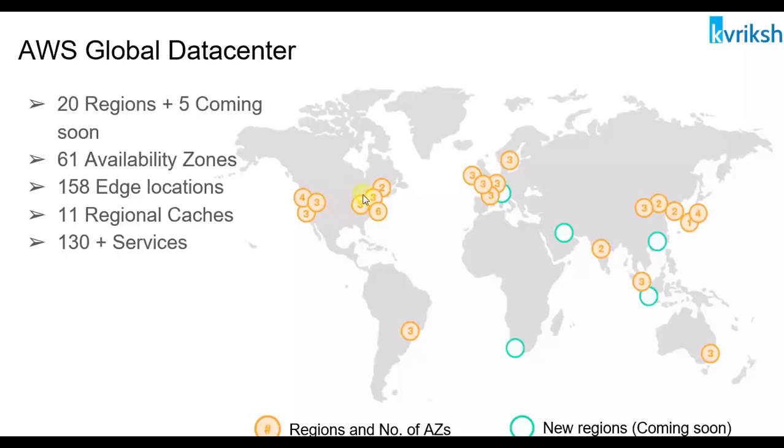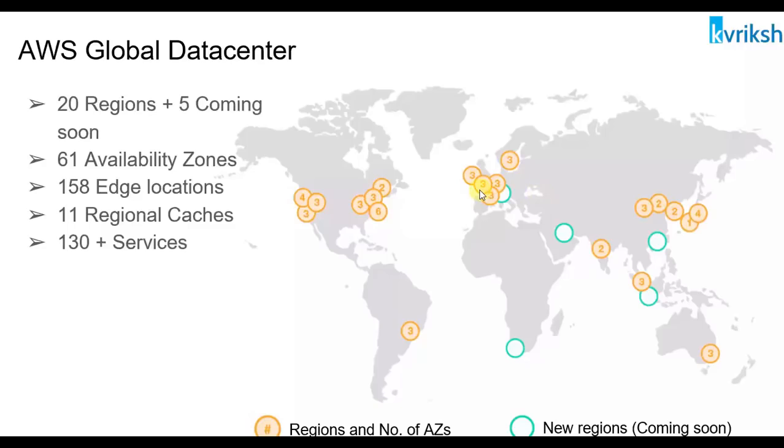In the US, there are 7 regions. In India, there is 1 region. In Europe, there are a couple of regions, and in all there are 20 regions to date, and 5 more regions coming soon in 2019. When you deploy services, you can choose which regions you need to deploy in.